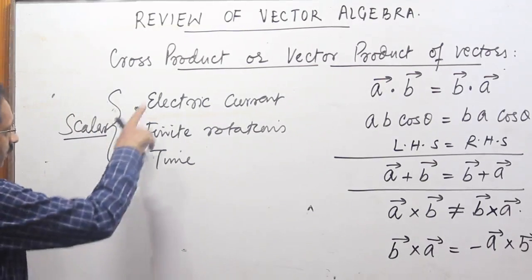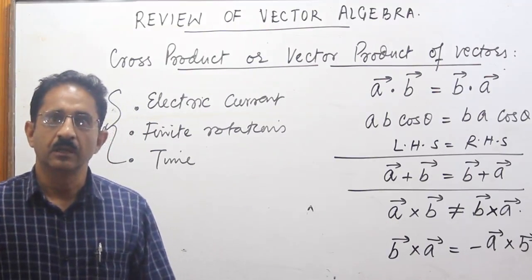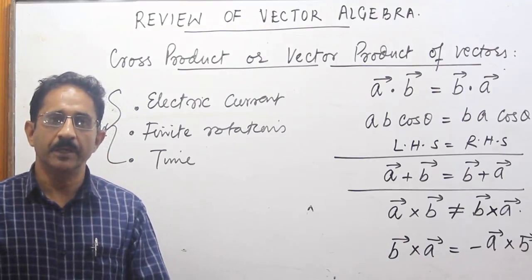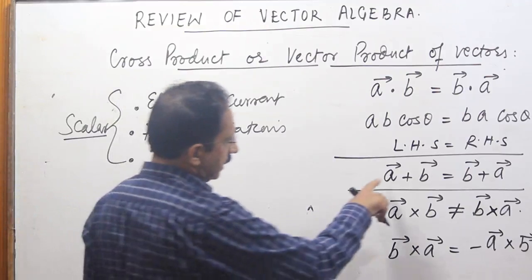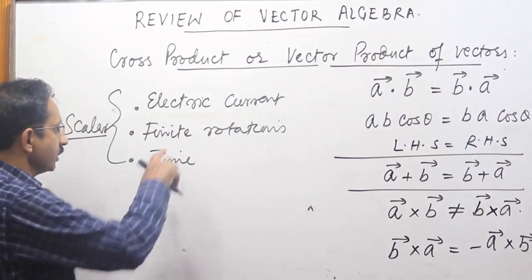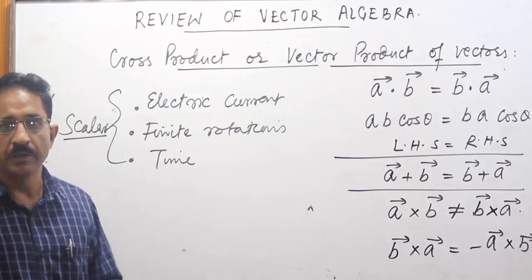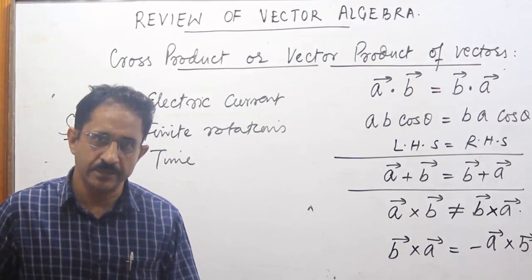So these quantities, even though they possess a direction, do not obey the property of vector addition. One such property is that they don't add in the commutative manner. जैसे अगर आप finite rotations की बात करेंगे of a rigid body, तो ये commutative property नहीं दिखाता, so it cannot be graded as a vector.